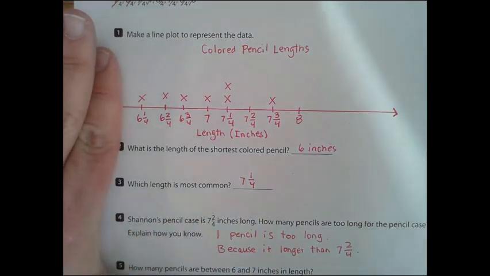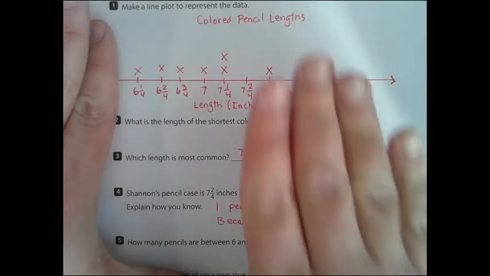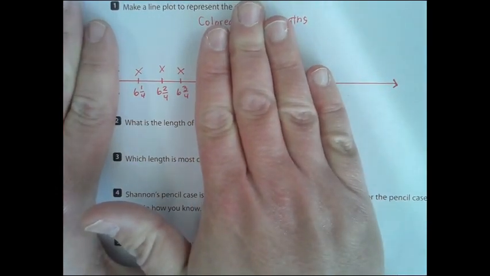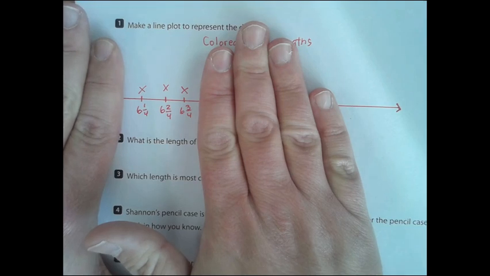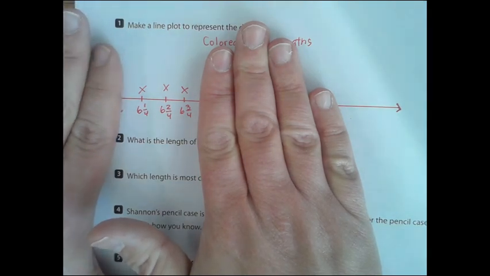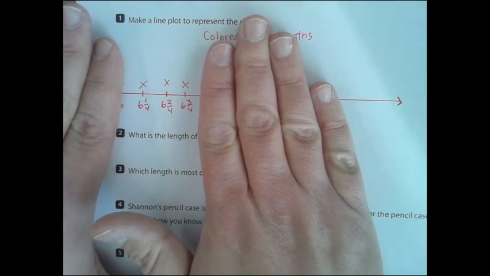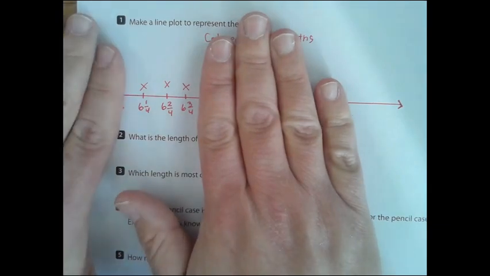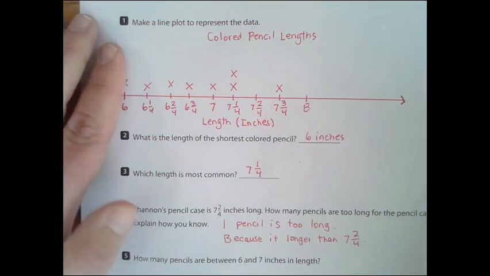They want to know in between, right? And then I'm going to cover up 7 inches because, again, it's between 6 and 7. So I'm going to cover up 7 because we don't want to include that one. And then now we can clearly see that there's 3 pencils in between 6 and 7 inches. Because, again, we're not including 6 and we're not including 7, so that's why we're covering it up.